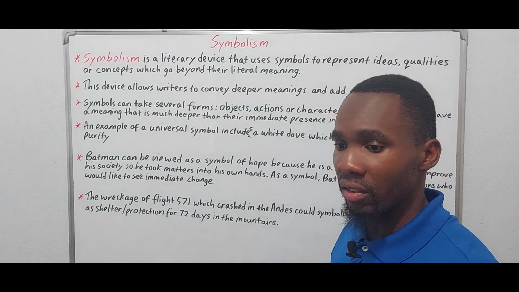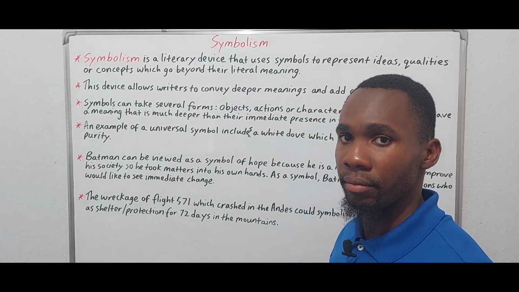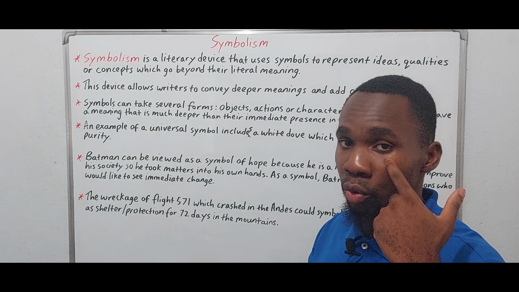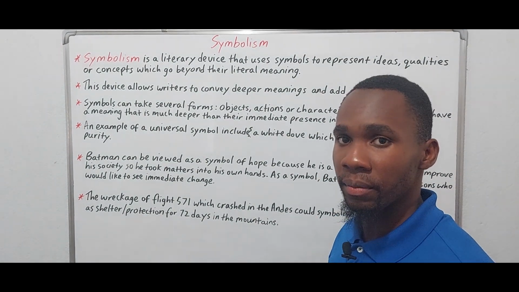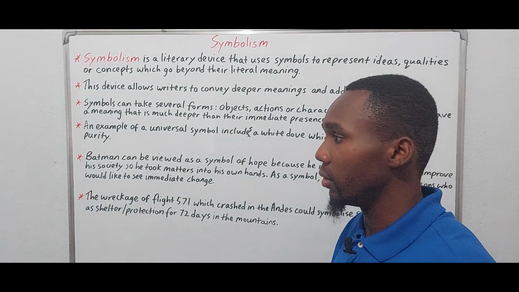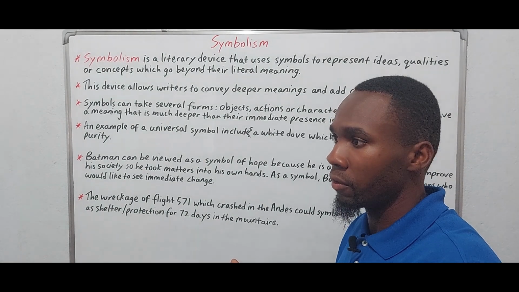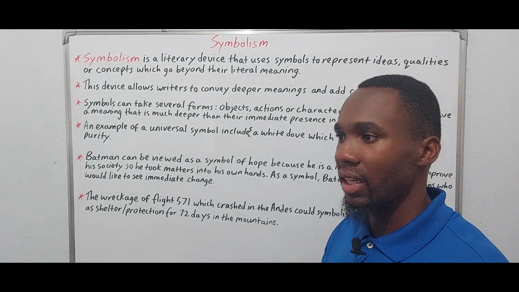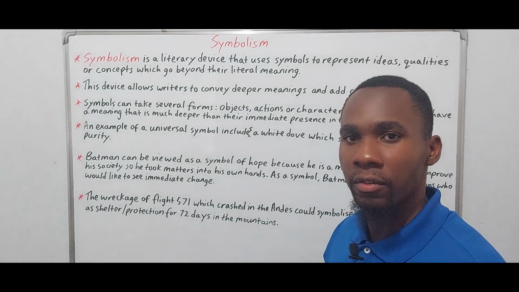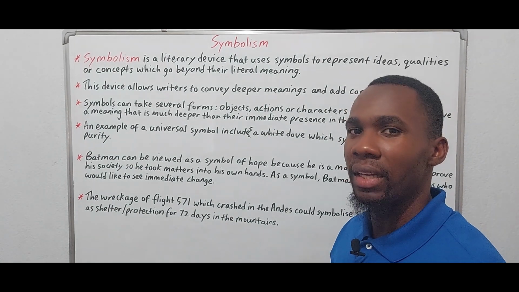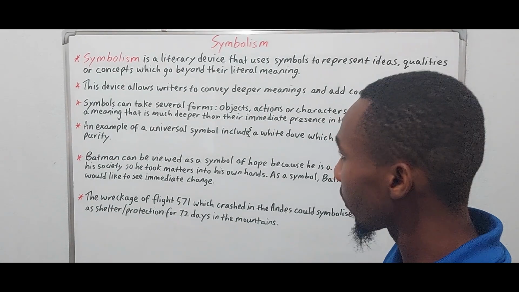Or if the shirt is of poor quality, it could be used as a symbol of poverty. Okay? It could be a symbol of kindness, let's say if it is given to someone as a gift. So it really depends on how it is used, okay?